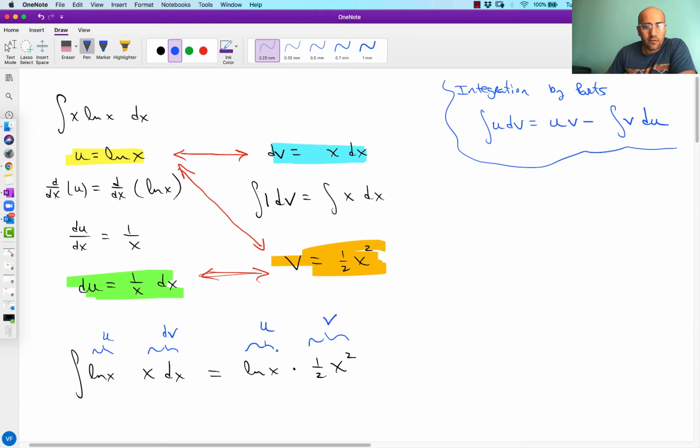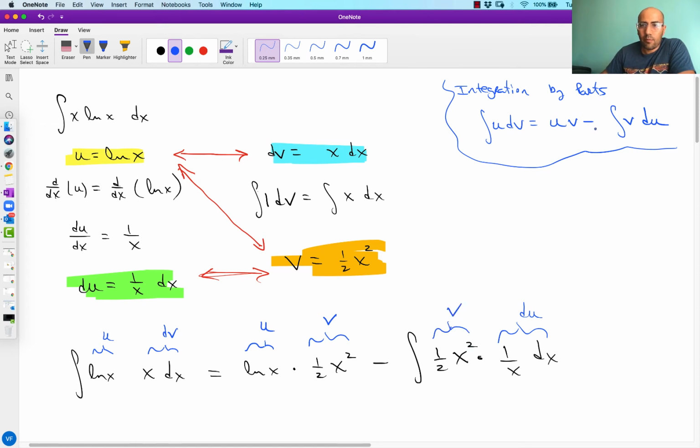My u times my v minus, and now it's the integral of these two. So it's going to be equal to 1/2 x to the second power times 1/x dx. Good. And so now this is going to be my du, and this is my v.